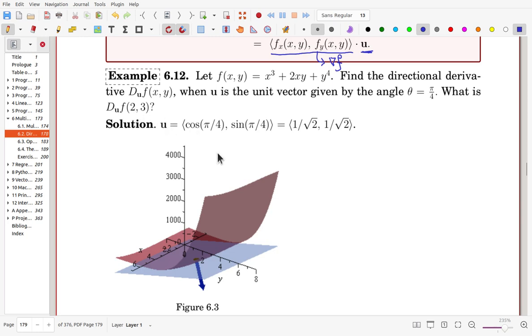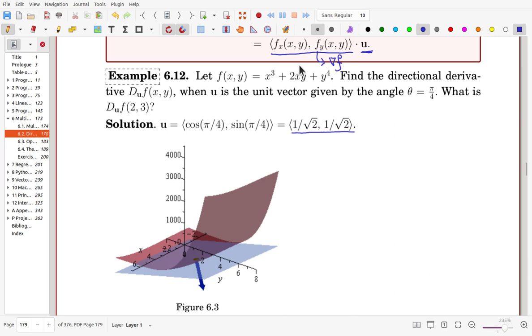In the beginning, we get the direction: a 45 degree direction, pi over 4. So the unit vector is cosine pi over 4 and sine pi over 4, which is 1 over square root 2 in the x component, and the same in the y component.